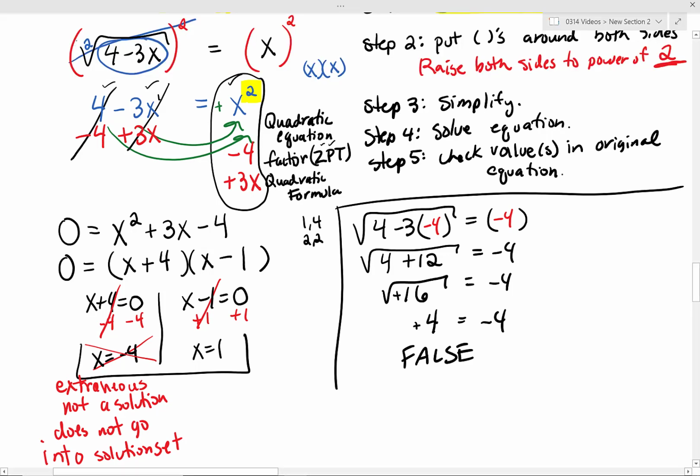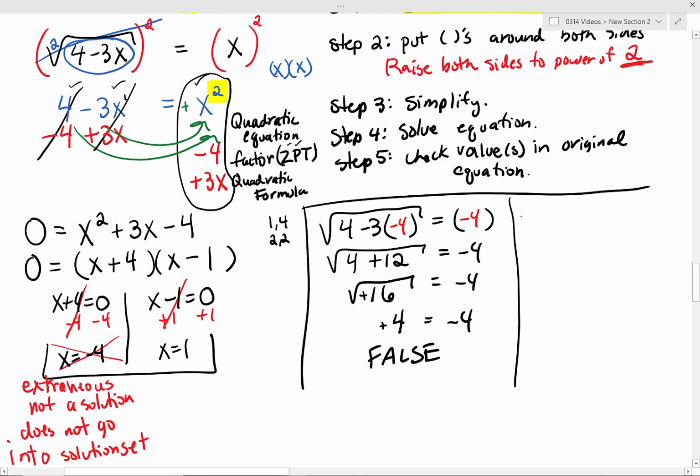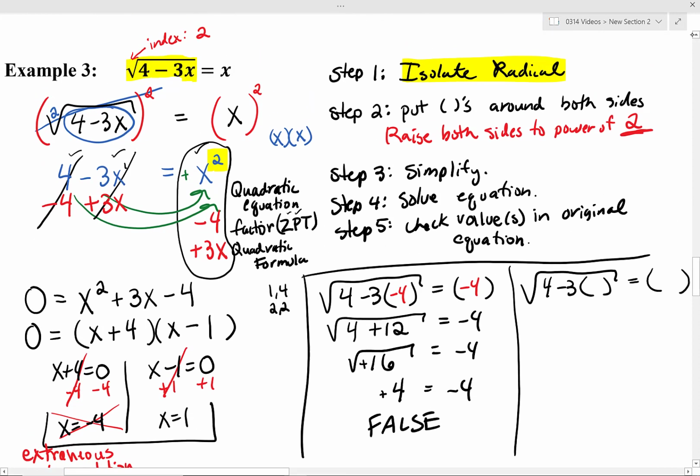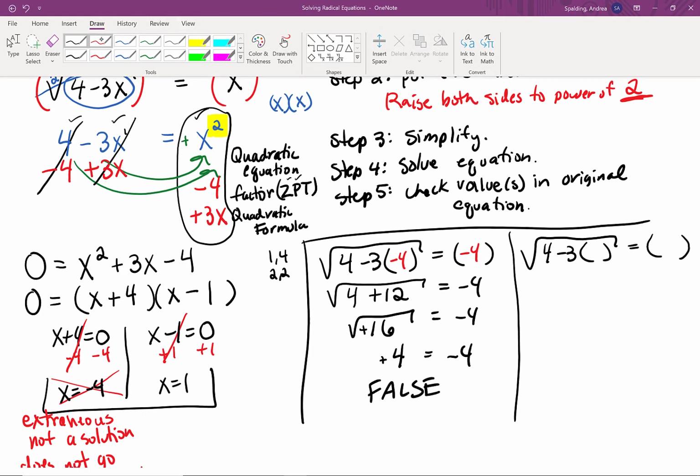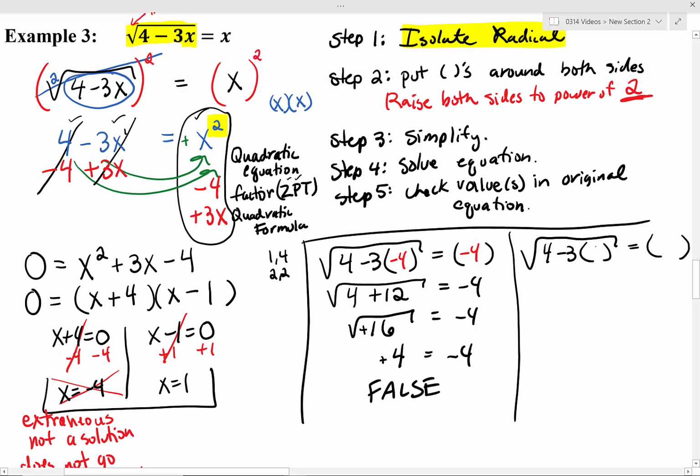Now let's check x equals 1. Let's write out our equation: 4 minus 3 parentheses equals parentheses. Remember, going back to the very original, 4 minus 3x equals x, just replacing the x's with parentheses. Now let's drop in that +1 that we got as a value.